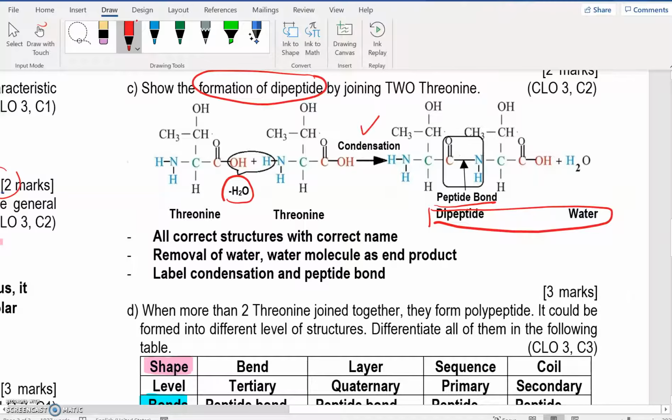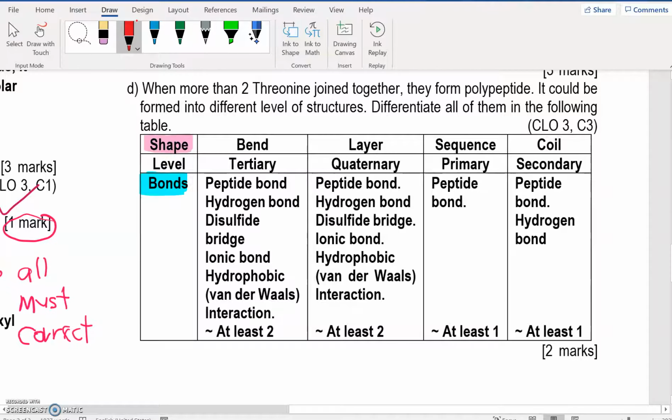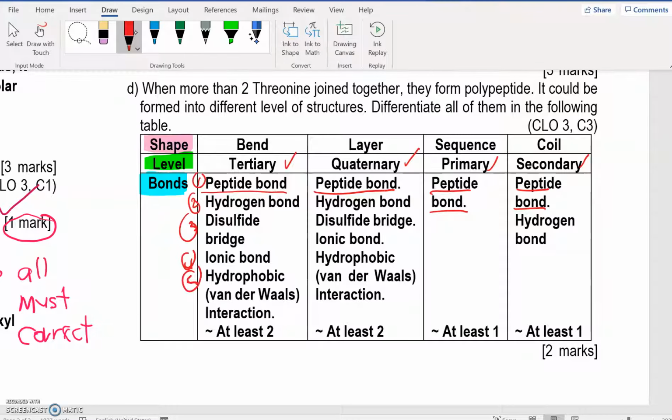Next, the shape. Most of you were confused by this, class. So level and bond: tertiary, quaternary, primary, secondary. Like teacher mentioned, peptide bond is a must for all the level structures, followed by number 1, 2, 3, 4, 5.